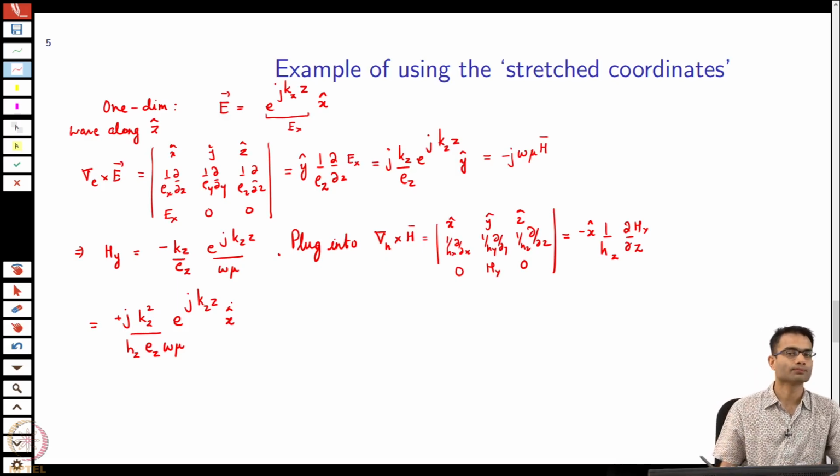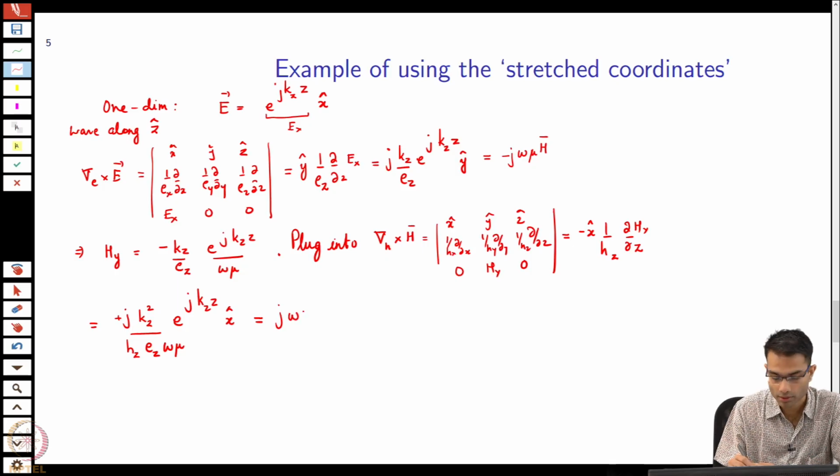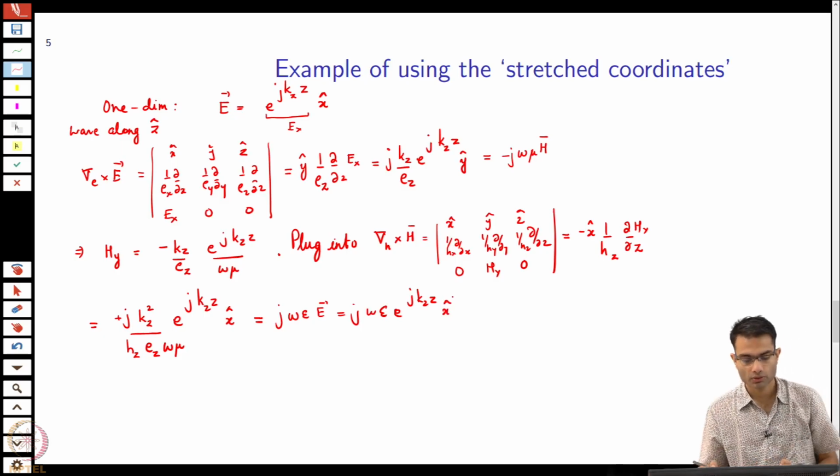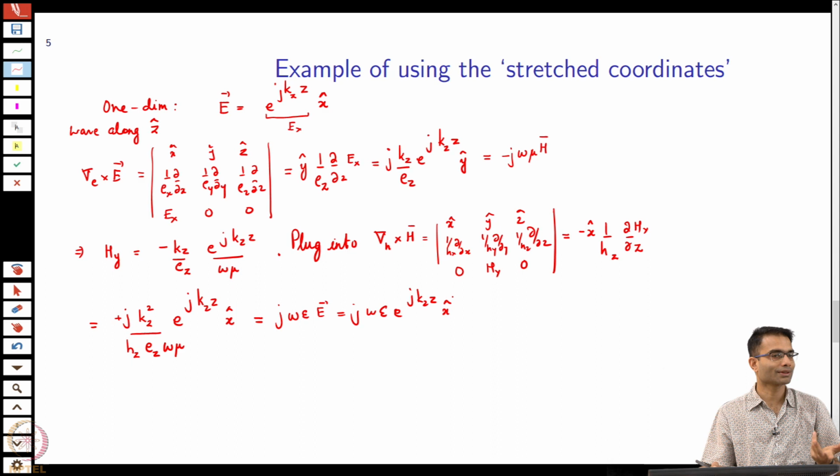What do I relate this to? Right, this whole thing should be by Maxwell's equations equal to j omega epsilon E, which is j omega epsilon, and E is my e to the j kz z x hat, right. So, all this simple hard work, there is not much to it, right.